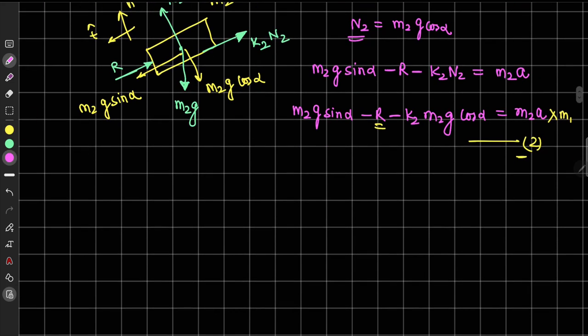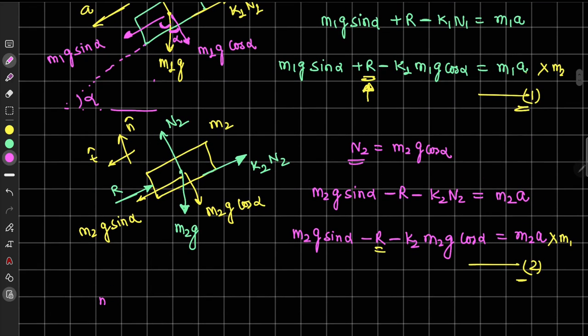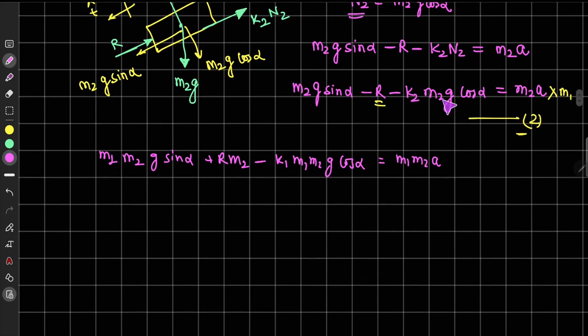So we will get m1 m2 g sin alpha + R m2 − k1 m1 m2 g cos alpha = m1 m2 a. And multiplying the second equation with the mass m1, we get m1 m2 g sin alpha − R m1 − k2 m1 m2 g cos alpha = m1 m2 a.